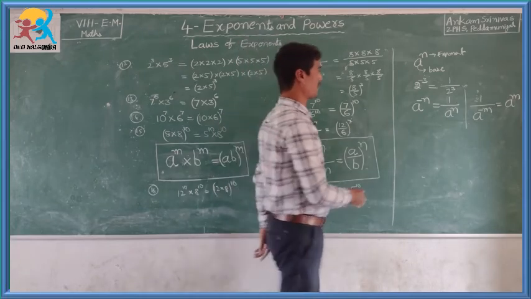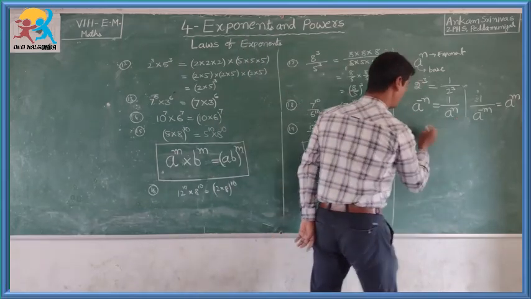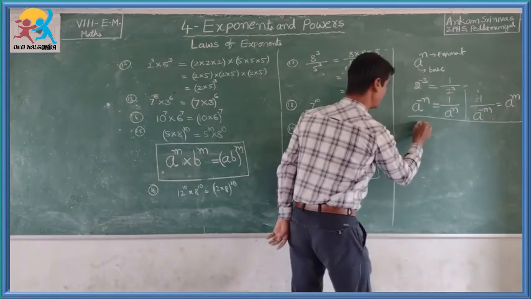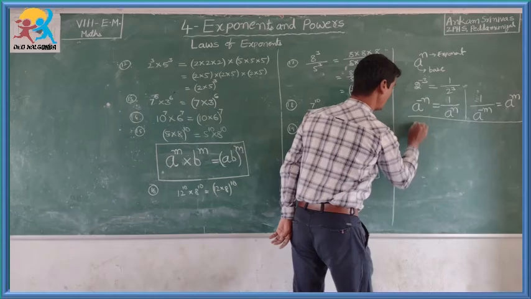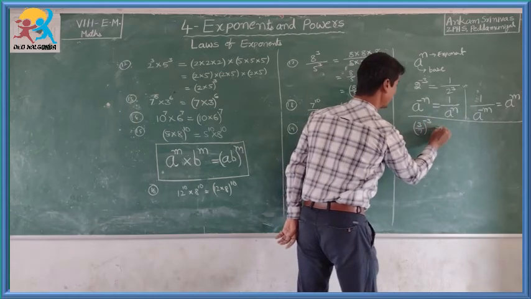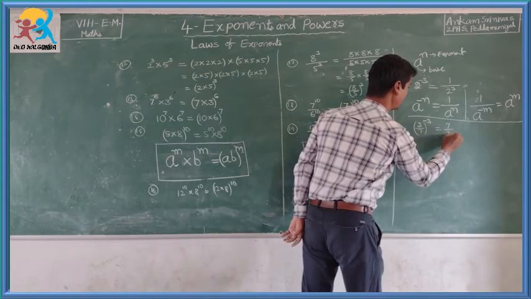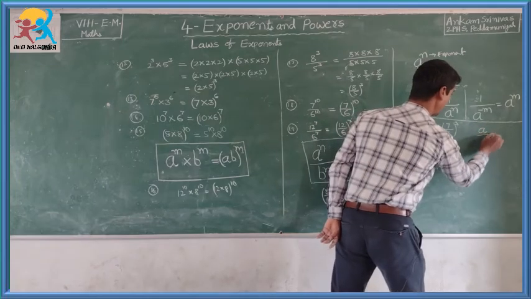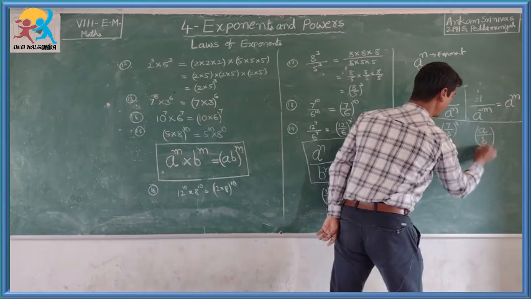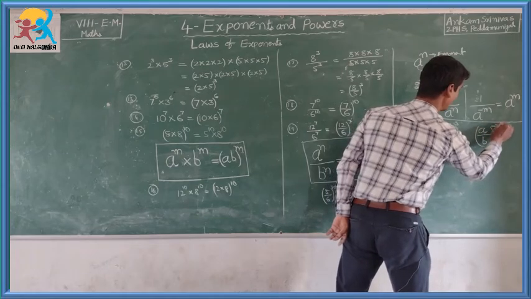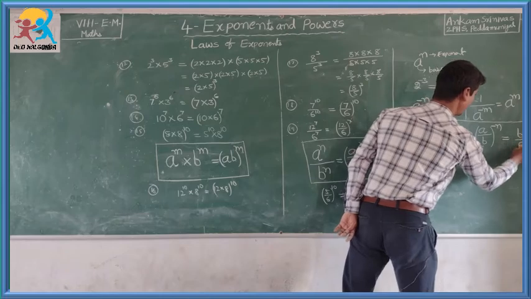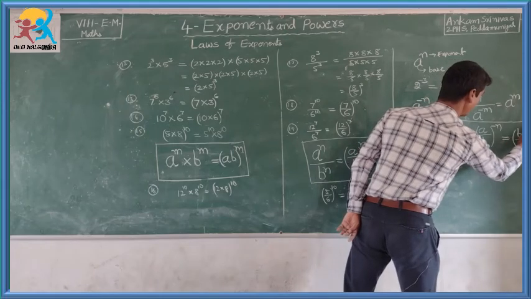Yes or no? So we already wrote before that 3 by 7 whole power minus 3 is written as 7 by 3 whole power 3. That means a by b whole power minus n is written as b by a whole power n.